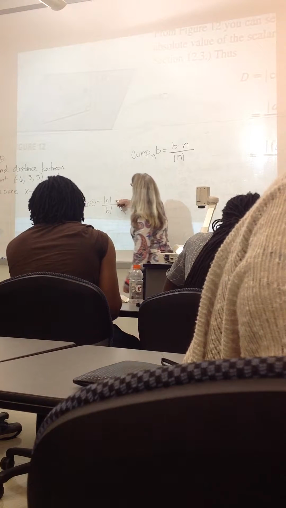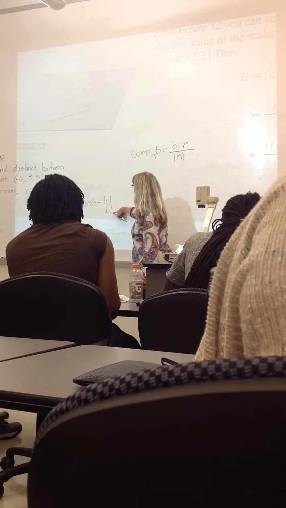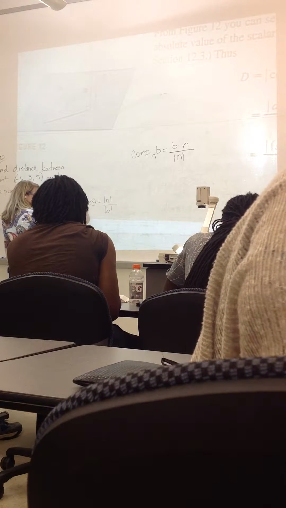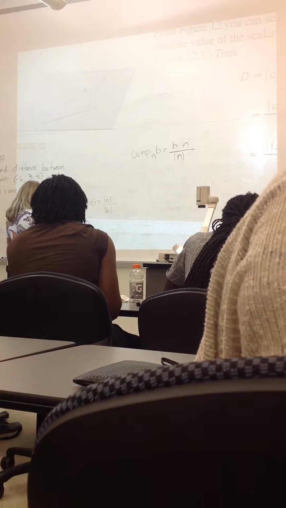The adjacent side is the length of your normal vector, and your hypotenuse is the length of b. But we just got done talking about how the angle between two vectors is equal to their dot product divided by their two lengths.